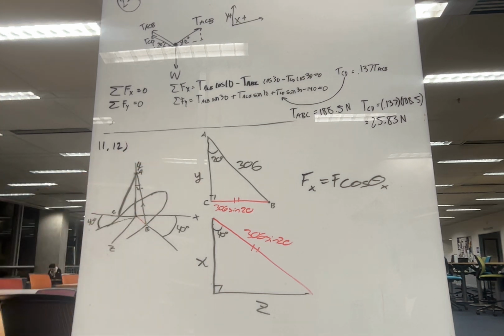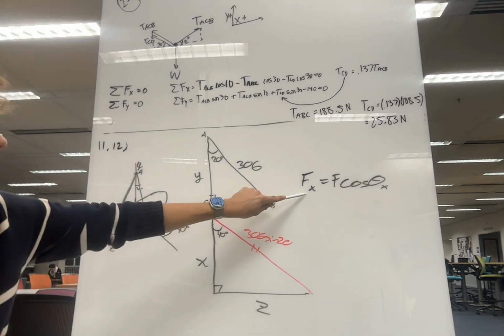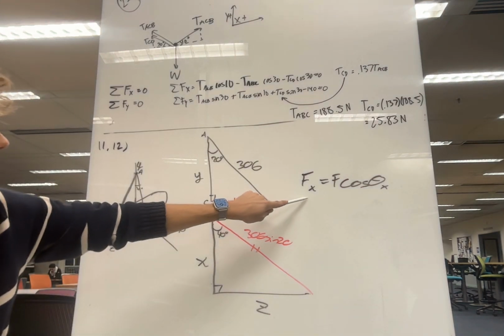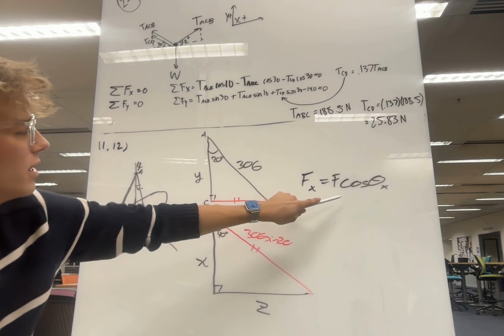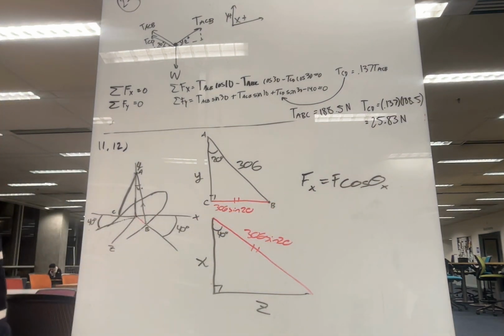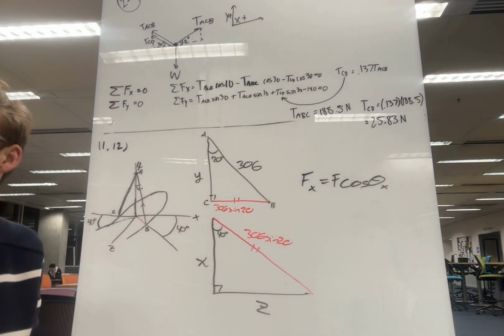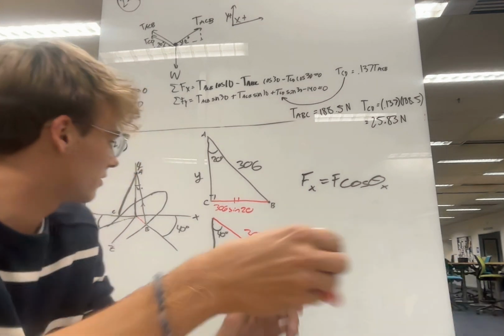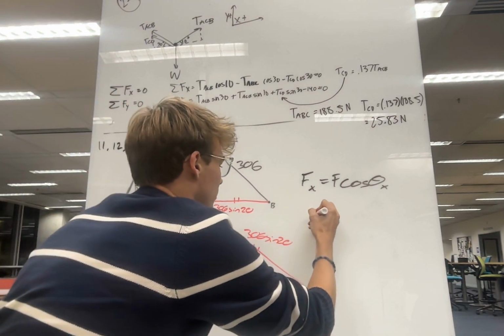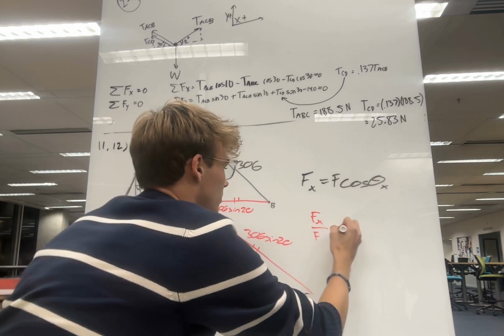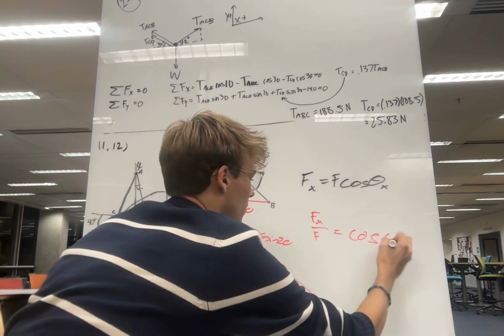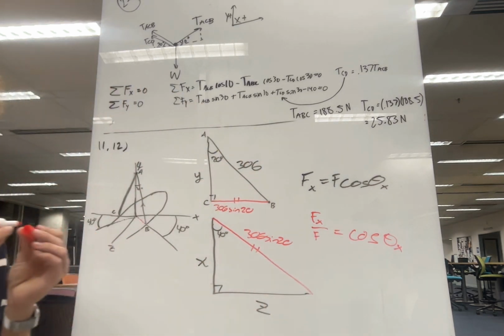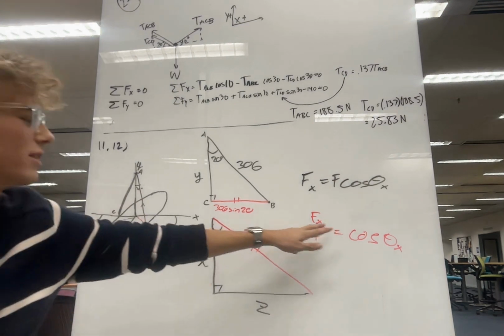When finding the angles, you can use this equation where the force in a direction is equal to the net force times the cosine of that angle. That is derived from F of x over F is equal to... and we can use that for any x, y, z.